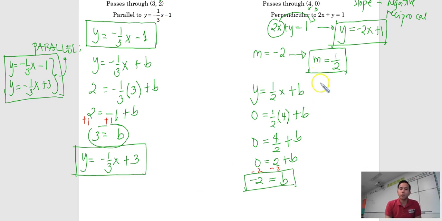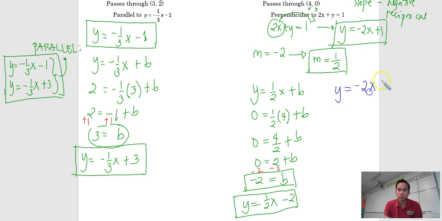So I can now write the equation because I have the b now. So y is equal to 1/2 x minus 2. Therefore, we have y is equal to -2x plus 1 and y is equal to 1/2 x minus 2.